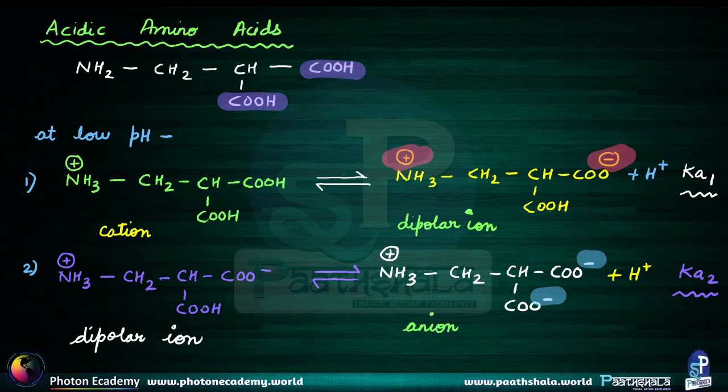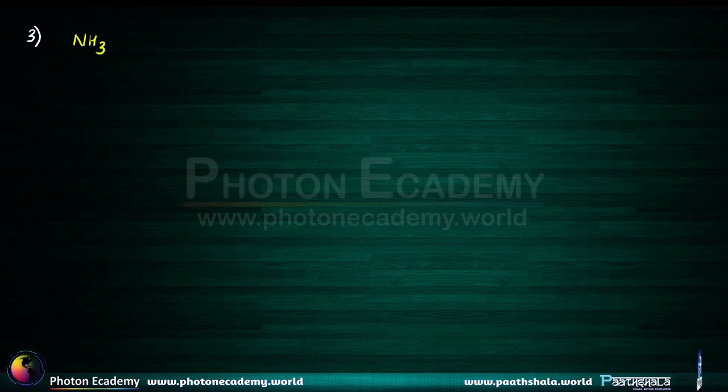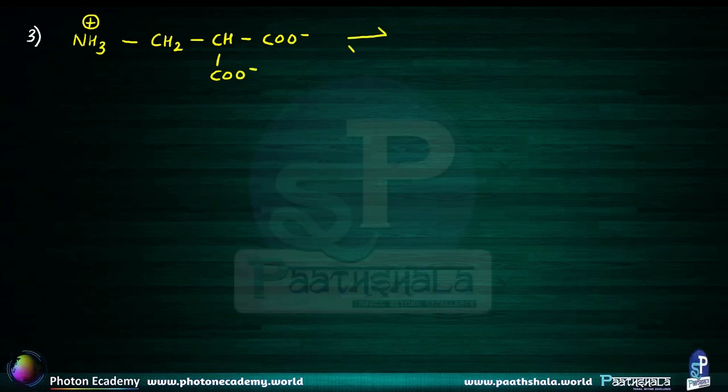Now again, let us take this anion in the third step. We have NH3 with a positive charge, CH2, CH, and these both the COOH have lost their H positive, and now we are only left with the H of NH3 positive.